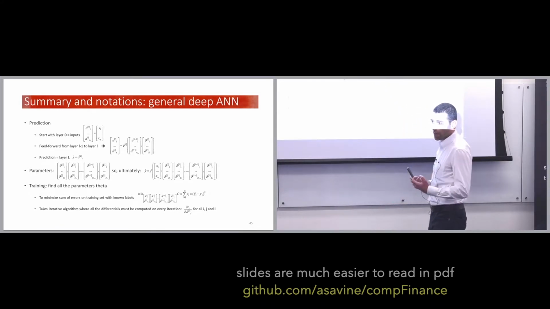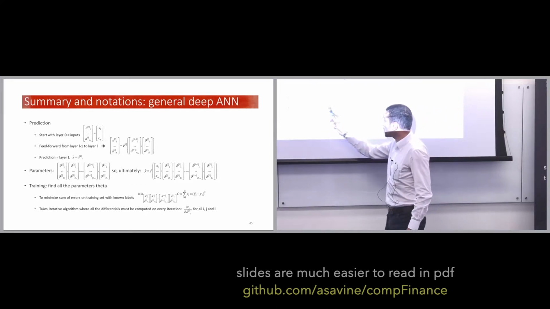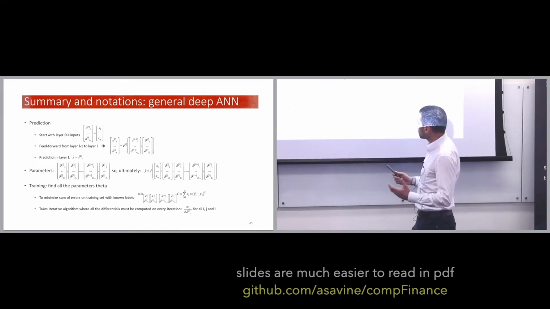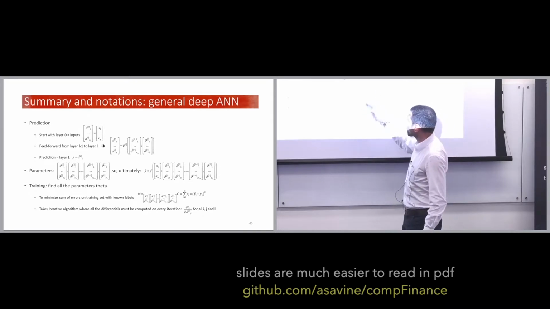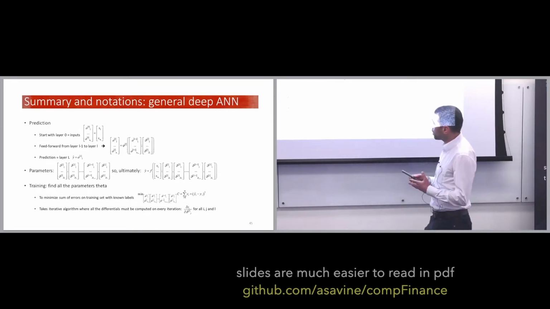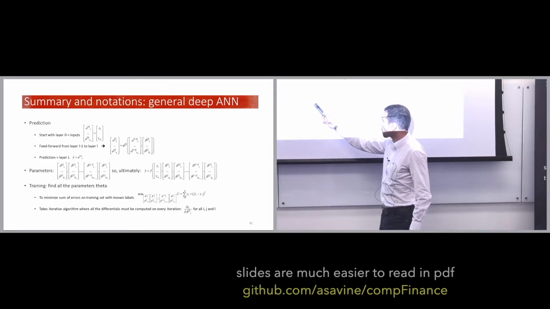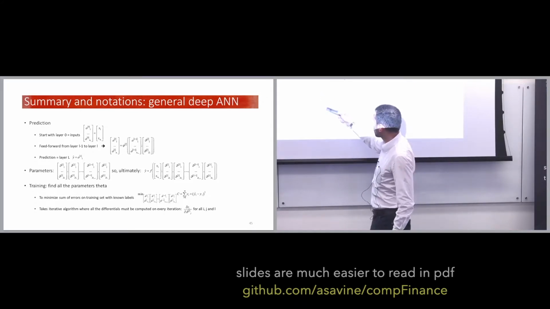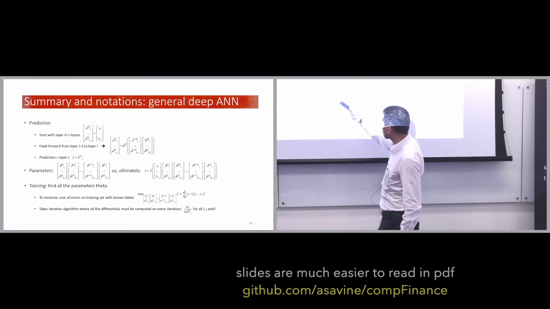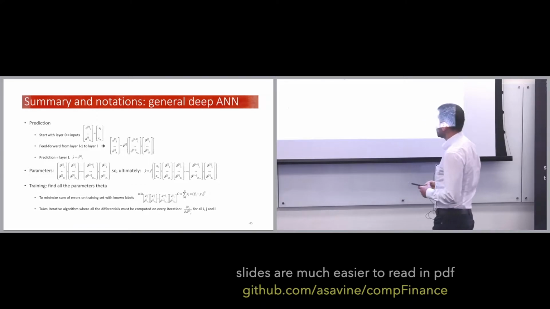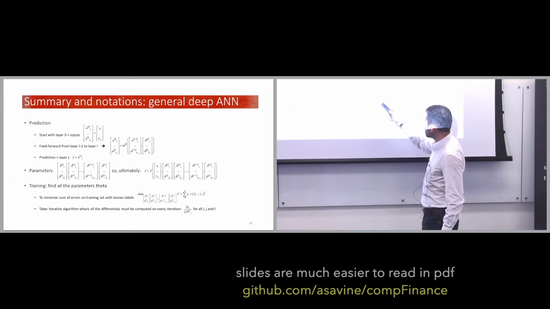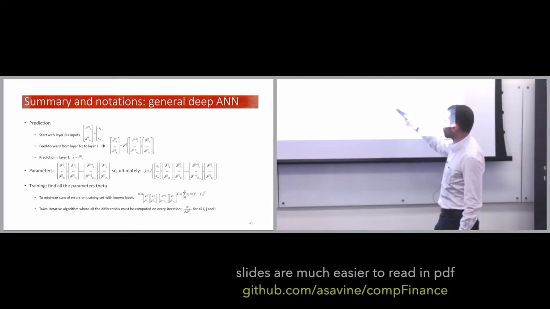It doesn't have to be the same dimension for all the layers. And the complete set of parameters for the network is the union of the parameters of the feed-forward equations on every layer. So we have a vector theta 1, vector theta 2, vector theta 3, etc., up to the vector theta L. So ultimately, our prediction is a function of the inputs parameterized by all these parameters.